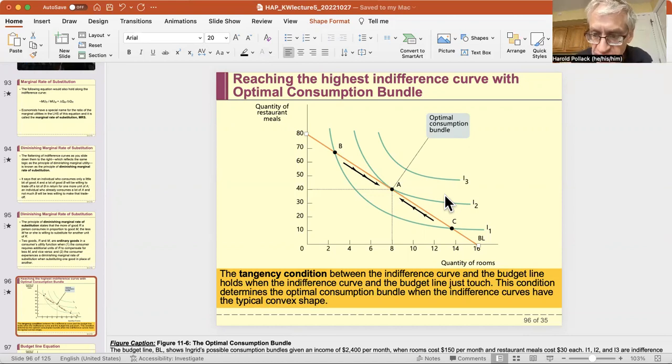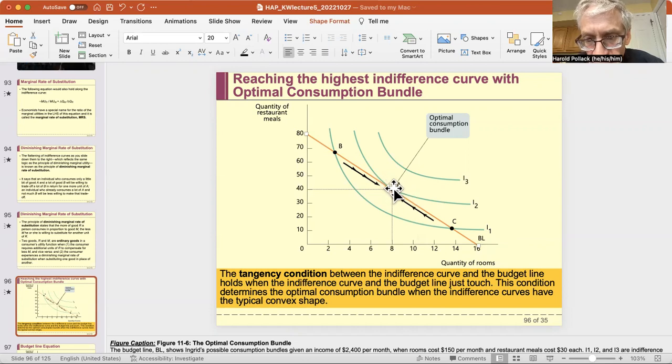And that's called the tangency condition. And the slope's just equal there. It's saying the marginal rate of substitution between rooms and meals exactly equals the relative prices at that point. So here rooms cost 5 times as much as meals. So this slope has to match that.